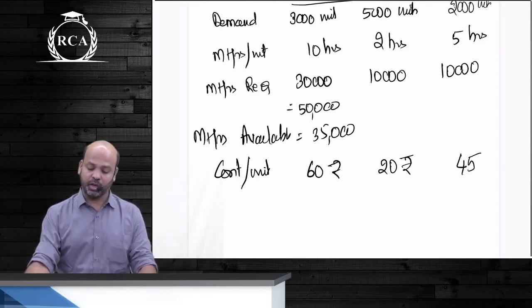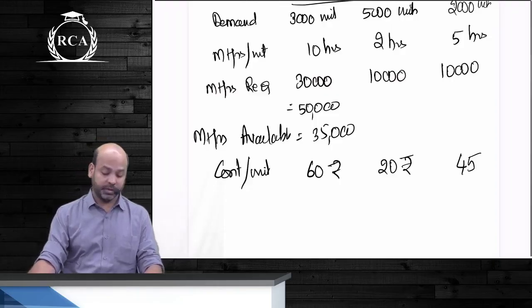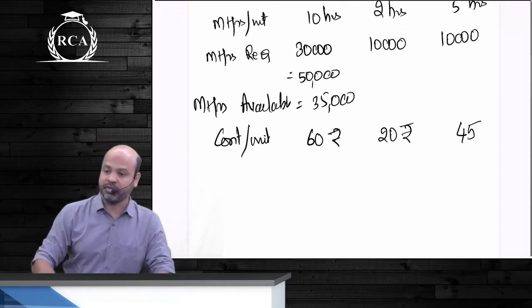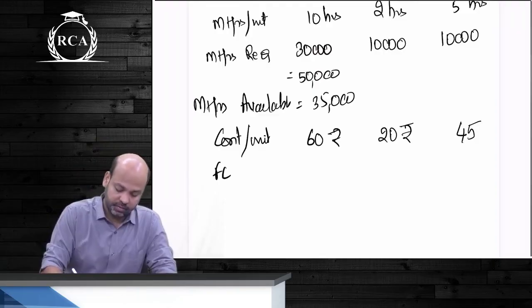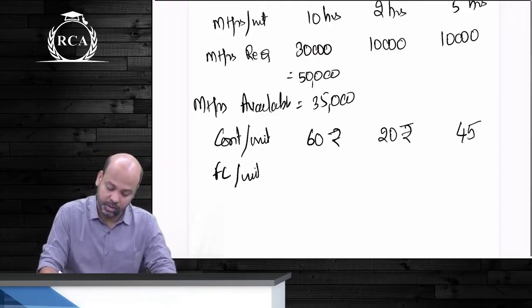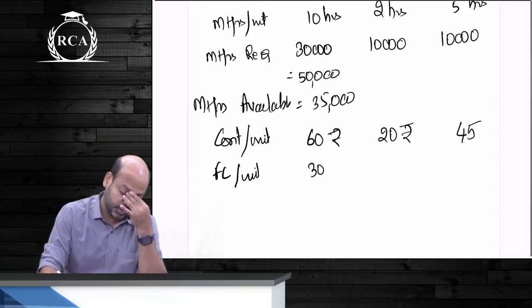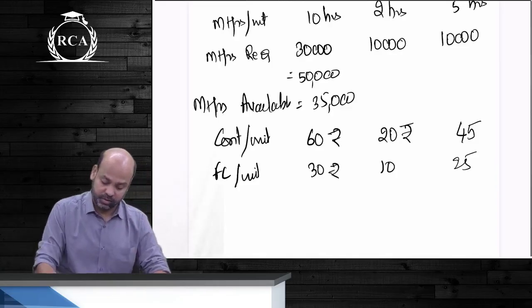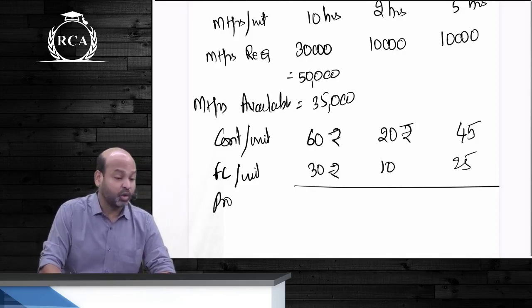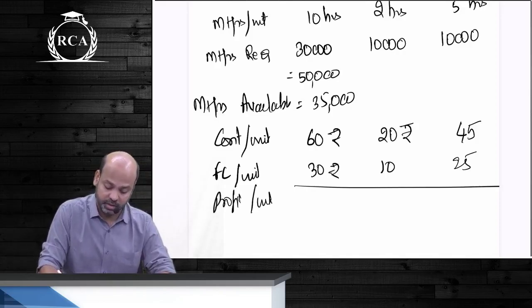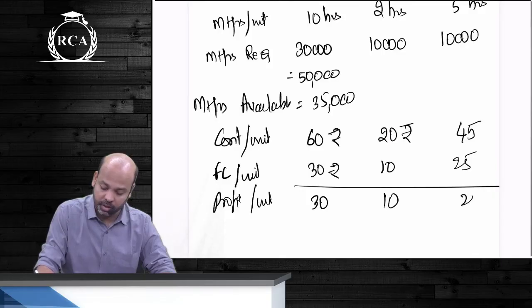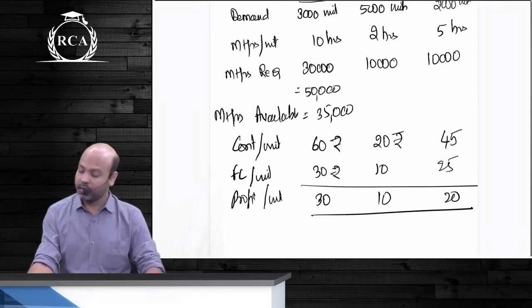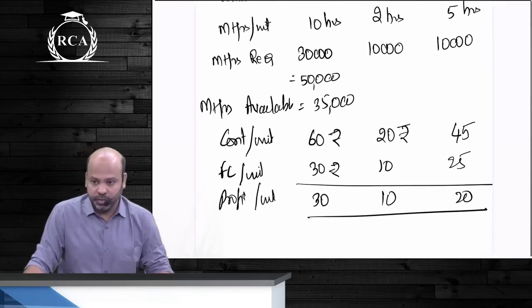This is the contribution per unit. And fixed cost allocated on a per unit basis, let us say here it is 30 rupees, here it is 10 rupees and here it is 25 rupees. So my profit per unit should be 30, 10 and 20. These are the details available with you.